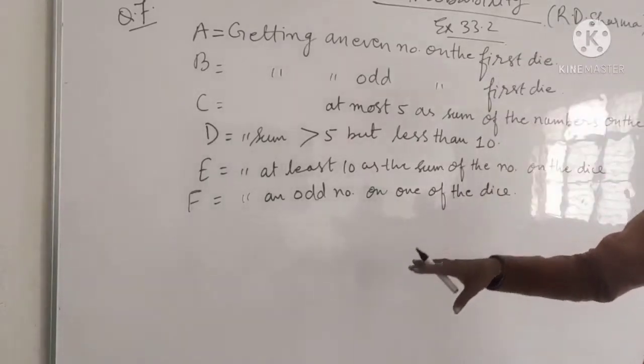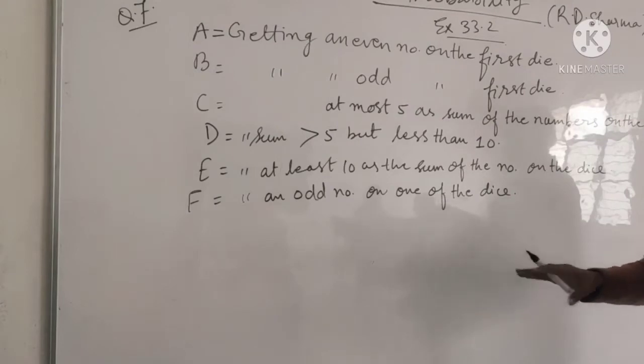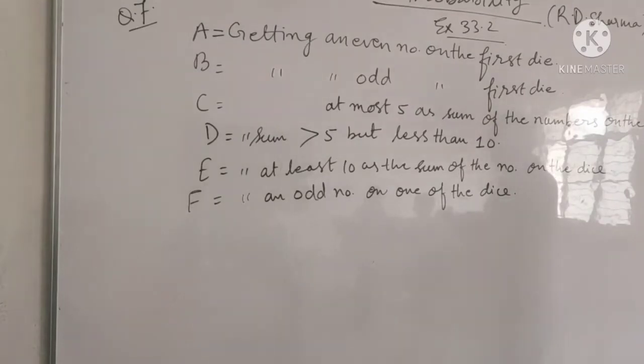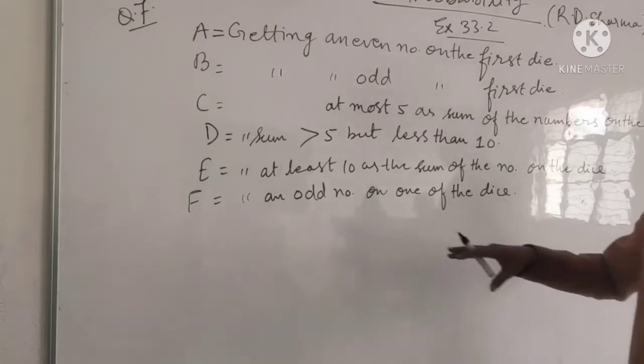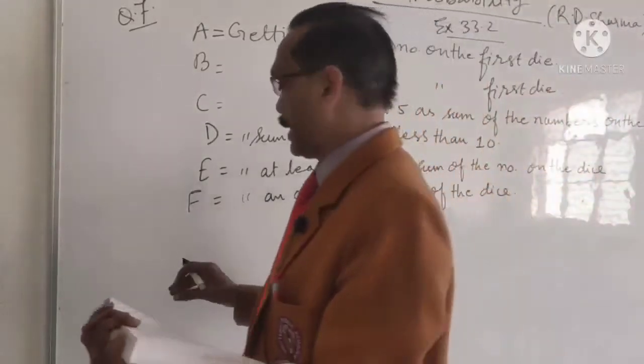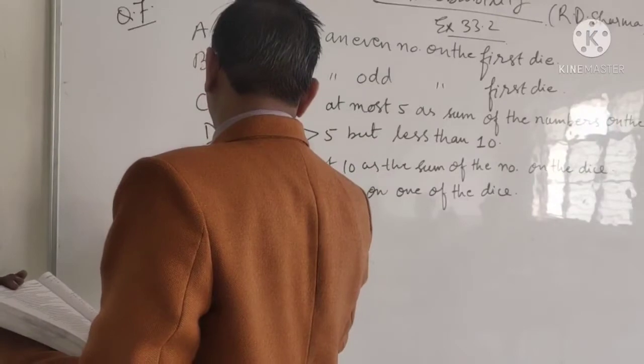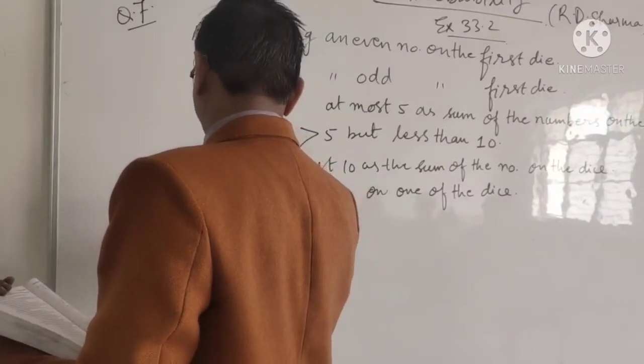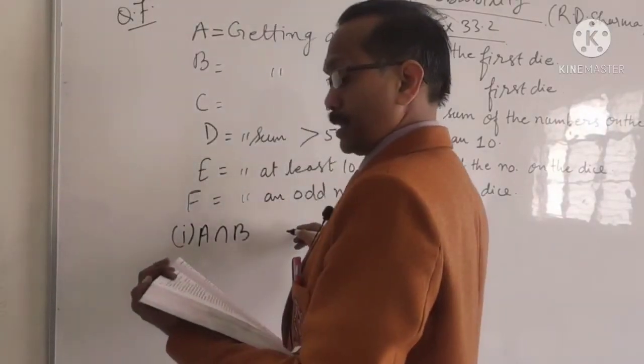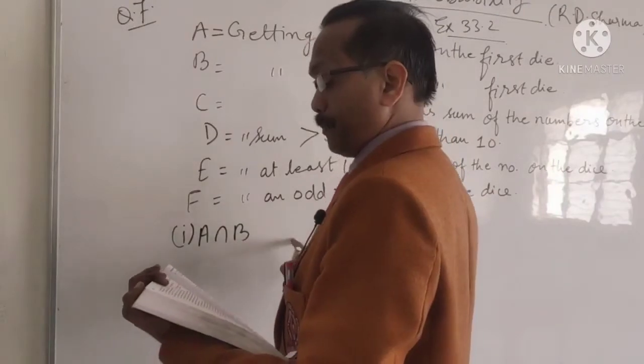Up to this, is the language clear to you? Then describe the events. A and B means A intersection B, is the first part.